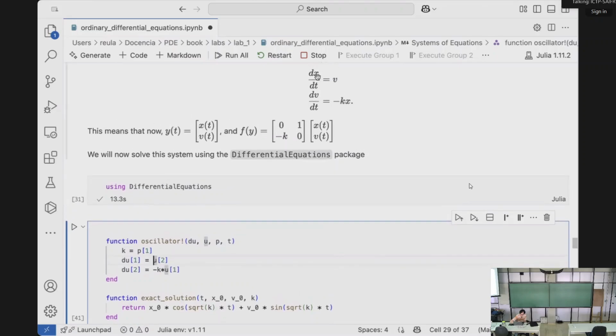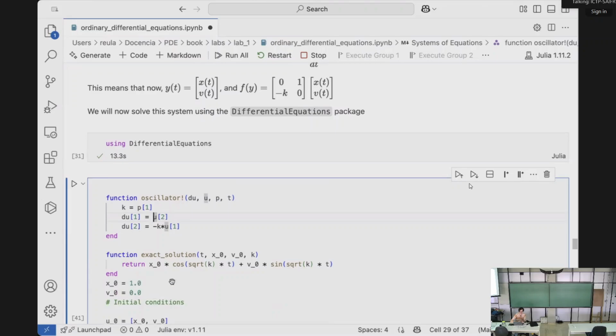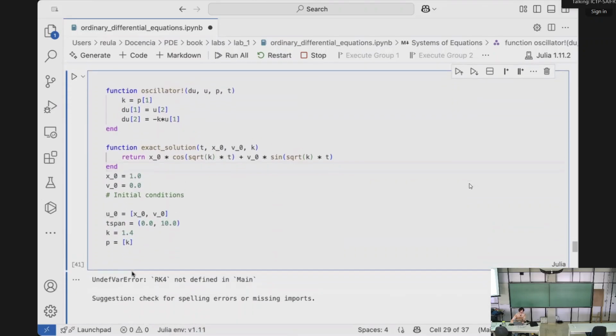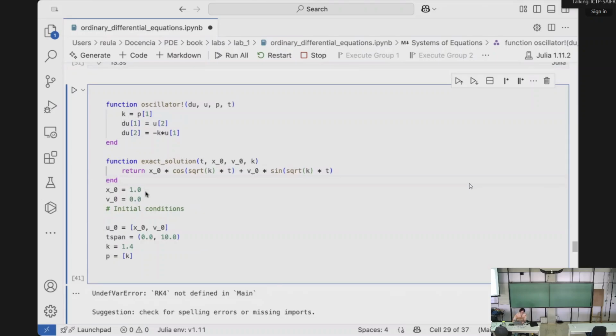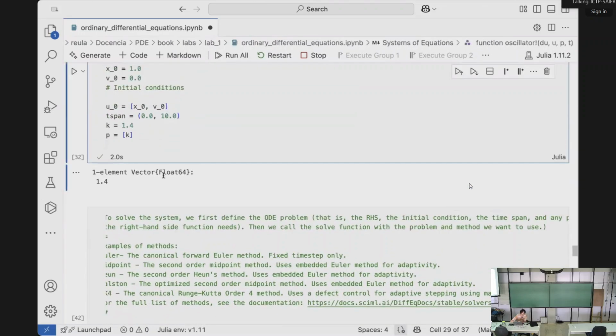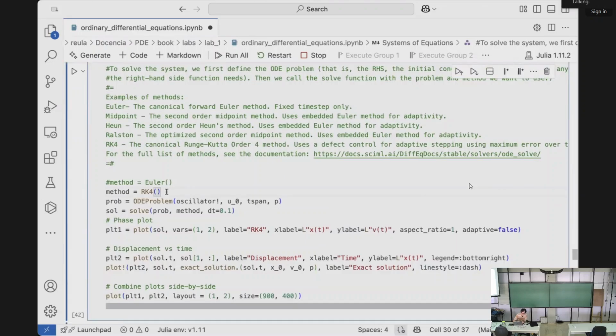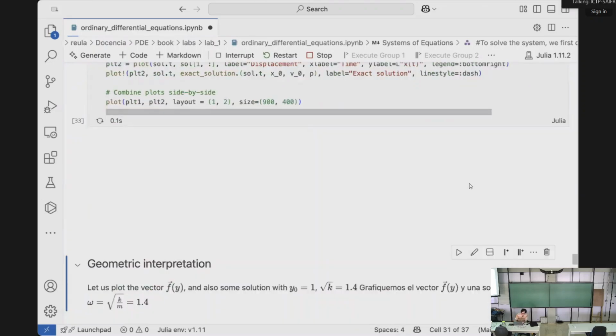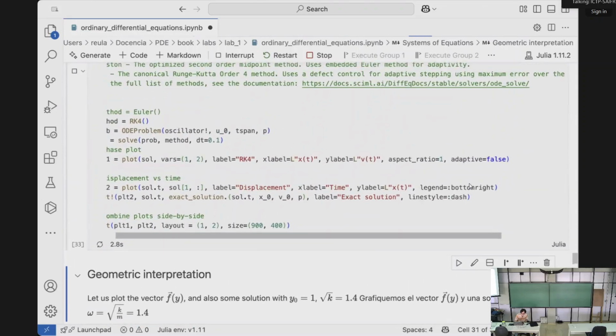The derivative of x is equal to v, and the derivative of the second component is minus k times u. This is this equation here. The derivative of v is equal to the second derivative of x, which is equal to x times minus k. And here we have our exact solution again. We give some initial conditions, so we start at x equals 1 and velocity equals 0 and see where that gets us. Right? So this is just a definition of the parameters. And here is the fun part. Okay?